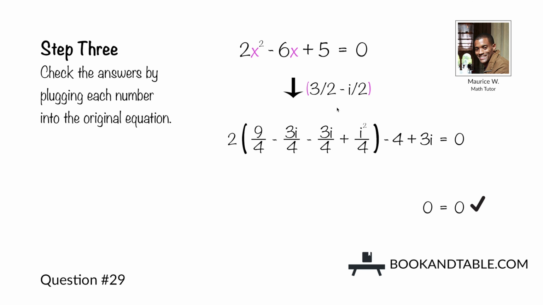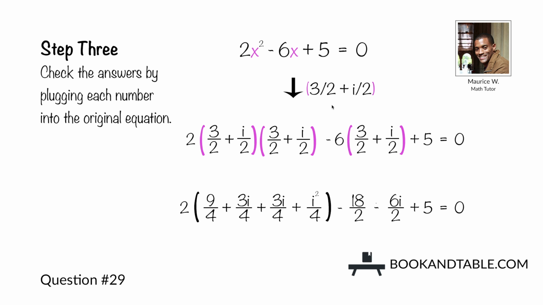And now let's check the second value of x, 3/2 plus i over 2. So we have 2x squared minus 6x plus 5 is equal to 0. If we use the FOIL method to expand our x squared, we get 3 times 3, which is 9, over 2 times 2, which is 4.